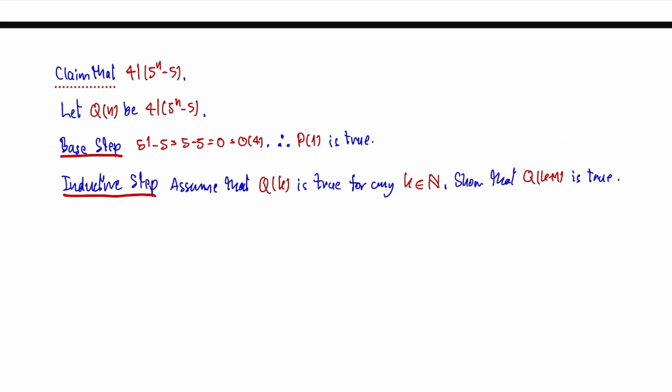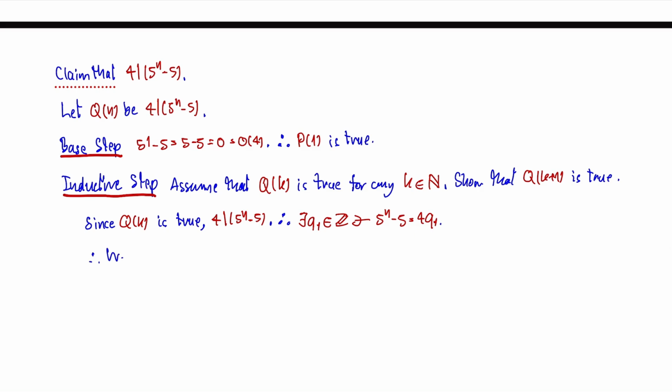So we have to start with, since Q of k is true, okay? So we're going to have 4 divides 5 to the k minus 5. So we're going to have, let's say, an integer q1, such that 5 to the k minus 5 equals 4q1.